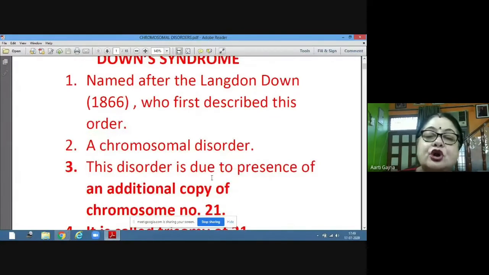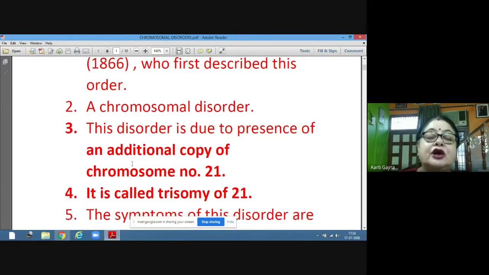Now, what is the cause of this disorder? As I told you, it is a chromosomal disorder, so there may be addition or deletion, the plus or minus, of chromosomes. This disorder is due to the presence of an additional copy of chromosome number 21.